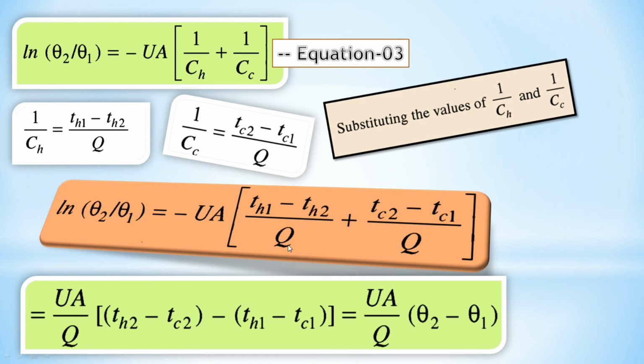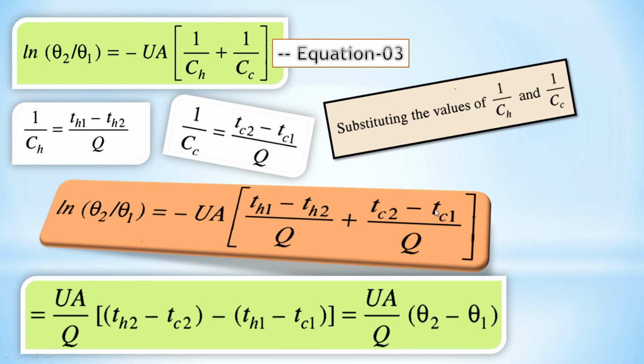And the Q term is common in the denominator, so keep it outside. So UA upon Q equal to, since it is multiplied with minus, minus minus becomes plus, so TH2 minus TC2 and so on.